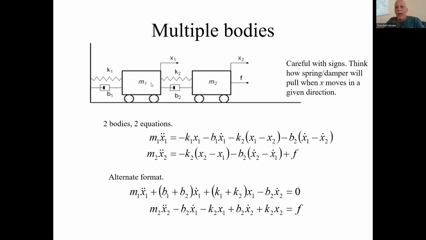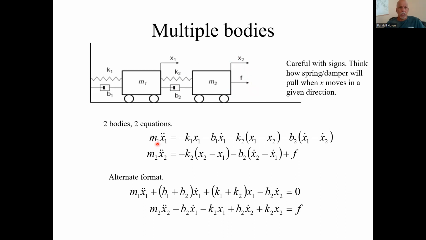You're doing a free body diagram. If you've ever had some basic physics or a dynamics course, you know how to do free body diagrams. But this guy is going to have, let's see, 4 different forces on it. Force of this spring, this damper, and that damper. This guy is going to have what? 3 forces. This spring, this damper, and this external force.